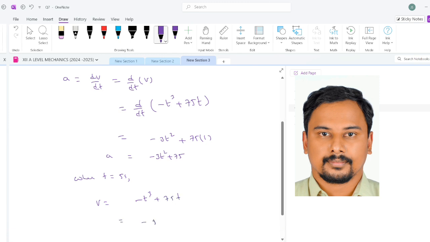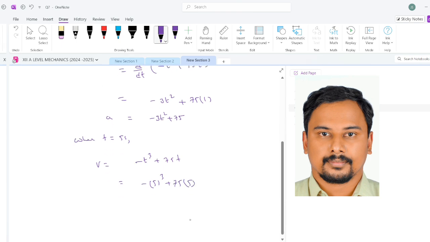If you take minus 5 cube plus 75 into 5, what do we get? Minus 125 plus 75 into 5, that is 375. So 375 minus 125 is equal to 250.